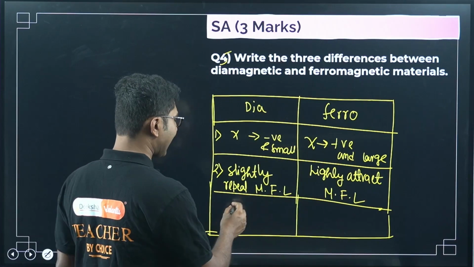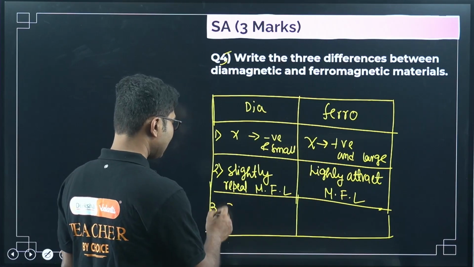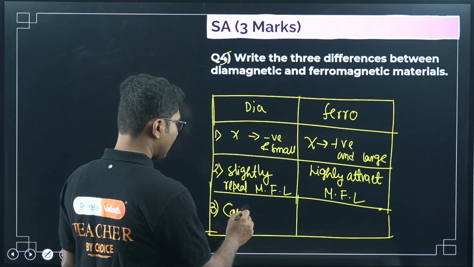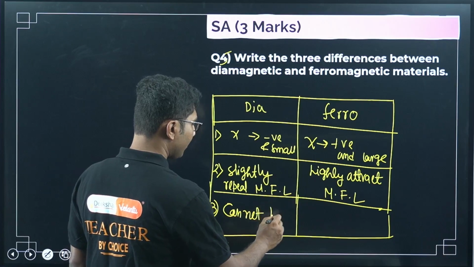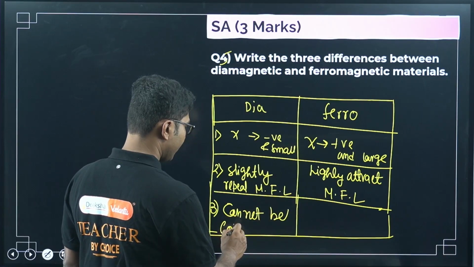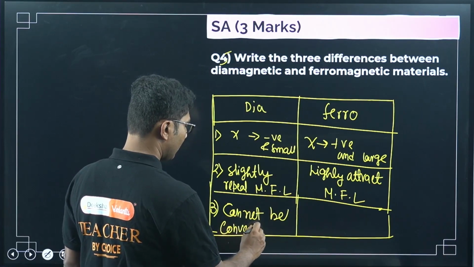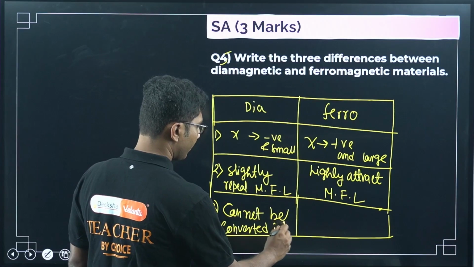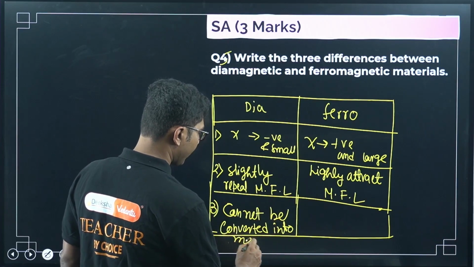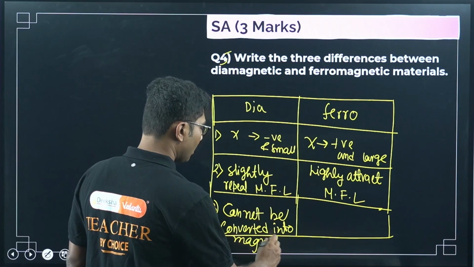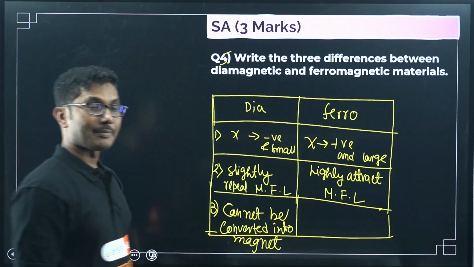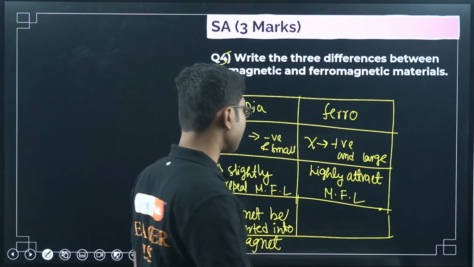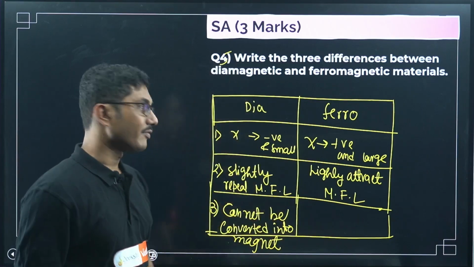Next you can write that diamagnetic materials cannot be converted into magnets. This point is not valid for paramagnetic. Paramagnetic can be converted into magnet below certain temperature, but diamagnetic can never be converted into magnet.